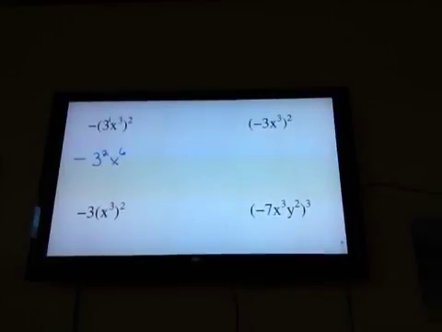So even when there's numbers, this is a base, has an understood 1, so that power goes with the 3, that power goes with the x. Okay? Then I simplify that, and I get negative 9x to the 6th. The negative is not part of the squaring, just the 3 is being squared. That's why it's still negative.